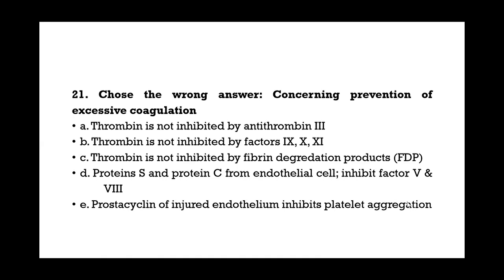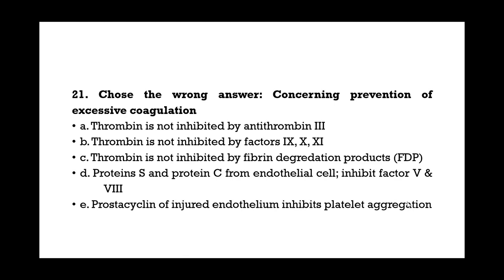C, thrombin is not inhibited by fibrin degradation products. D, protein S and protein C from endothelial cells inhibit factors 5 and 8. E, prostacyclin from injured endothelium inhibits platelet aggregation.